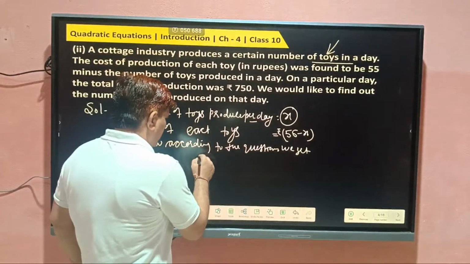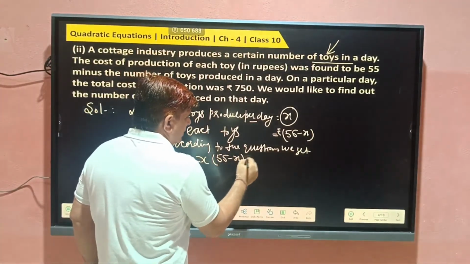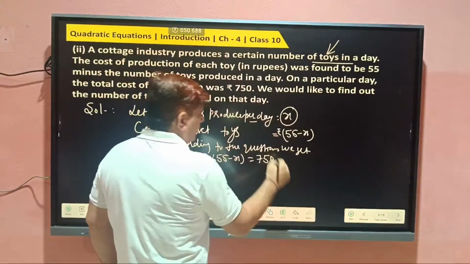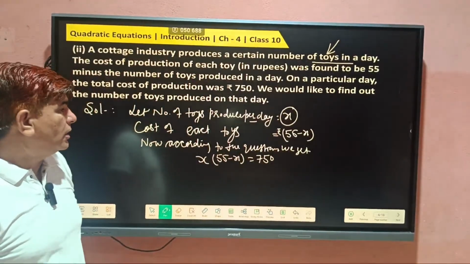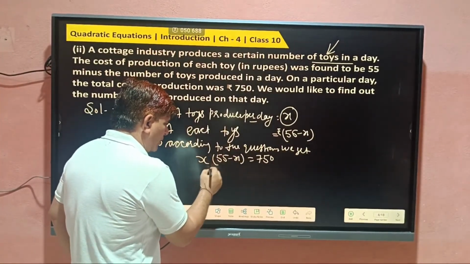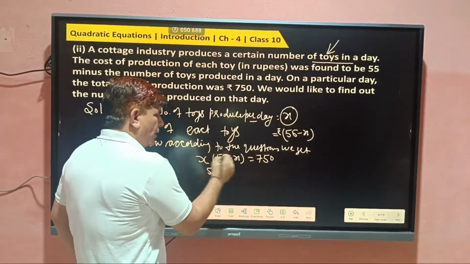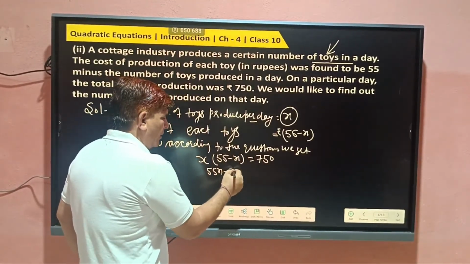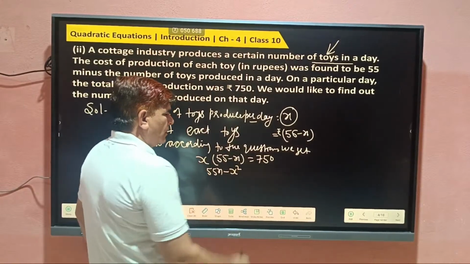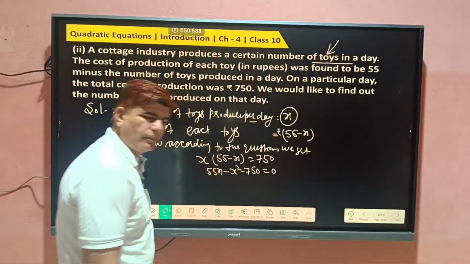So what can we say? X into 55 minus X is equal to 750. If you calculate, open this bracket: multiplying with this gives 55x, multiplying with this minus x gives minus x square, minus 750 equal to 0.